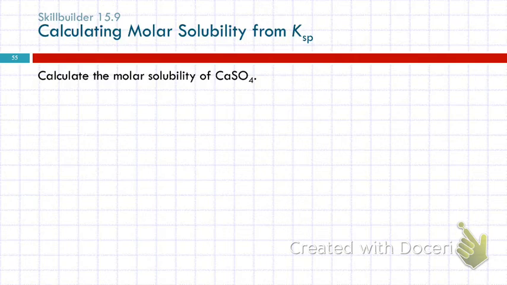Let's do another one. Calculate the molar solubility of calcium sulfate. Okay, we're not given any extra stuff here. We need to think about how does this dissolve? What's the equation that describes this dissolving? Well, calcium sulfate, solid, is going to break into two ions, calcium ion and sulfate ion.